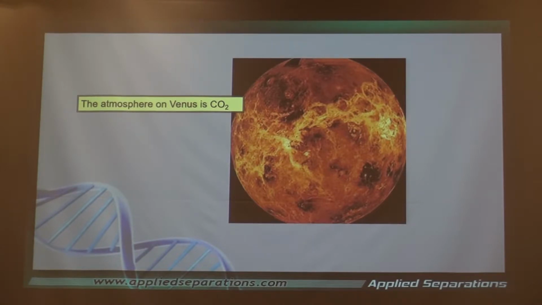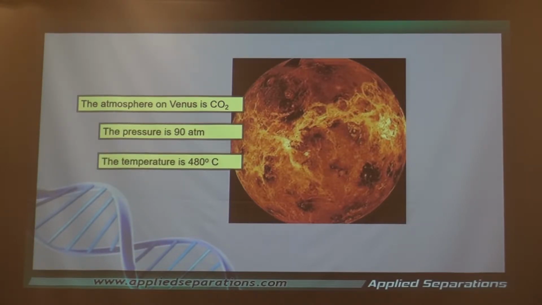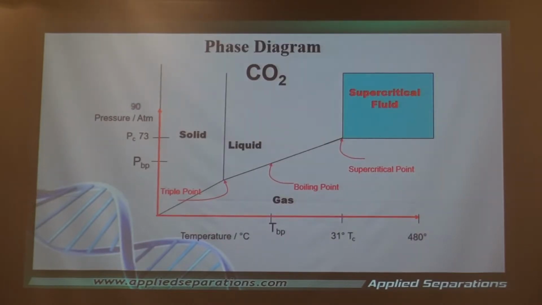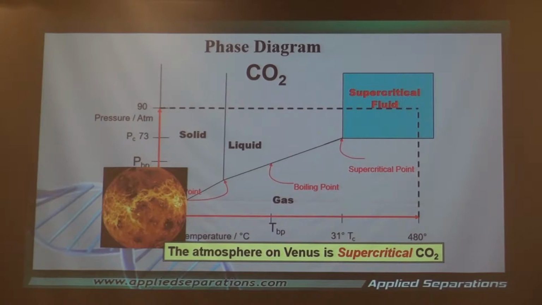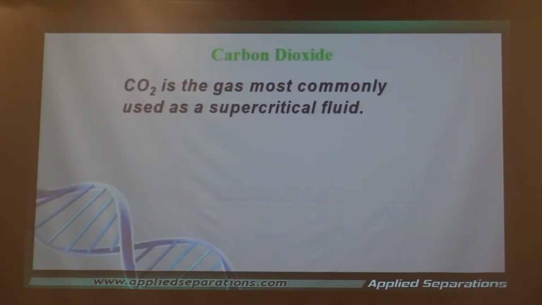However, if we look at the pressure of the atmosphere, it's about 90 bar, 90 atmospheres, and it's 480 degrees, the epitome of the greenhouse effect. Now, if we plot that out, we see that that is supercritical. So the atmosphere on Venus is really supercritical carbon dioxide.